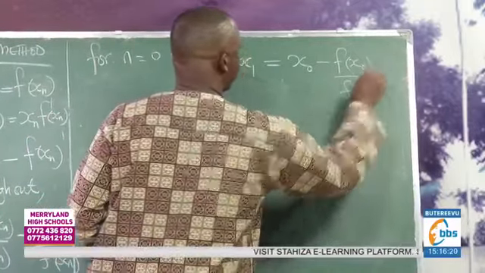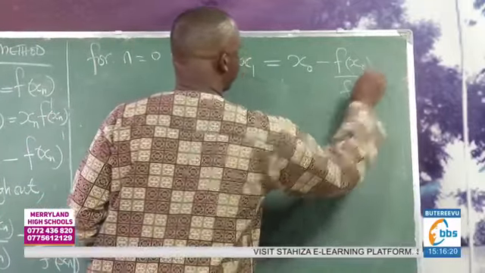When we try x as 0, our f of 0, all these terms will die out, but I can put them there for purposes of consistency. Any number times 0, all of you know, is going to give you 0.